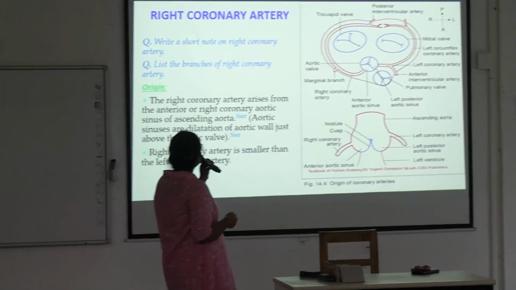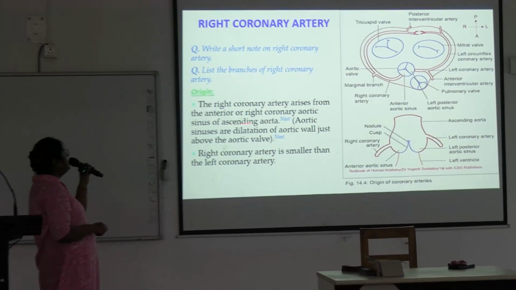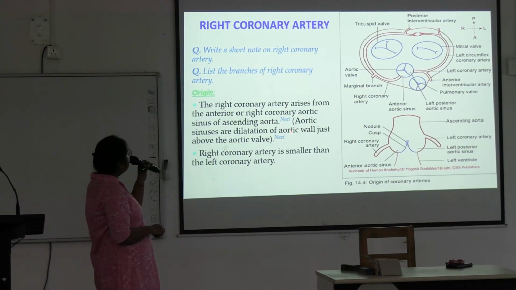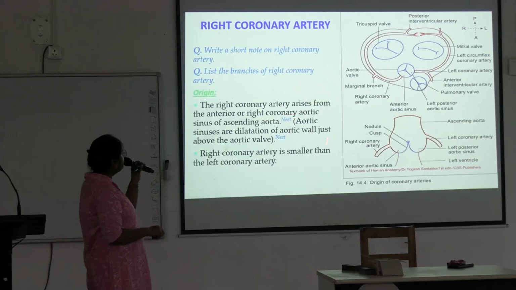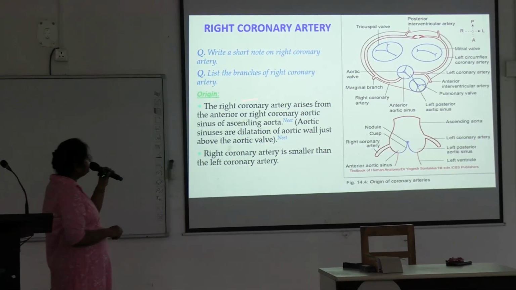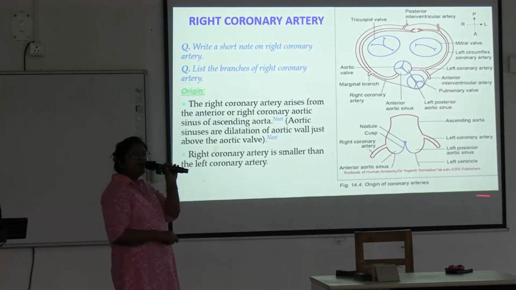Next. The right coronary artery arises from the anterior or right coronary aortic sinus of the ascending aorta, and the aortic sinuses are dilatations of the aortic wall just above the aortic valve. The right coronary artery is smaller than the left coronary artery.